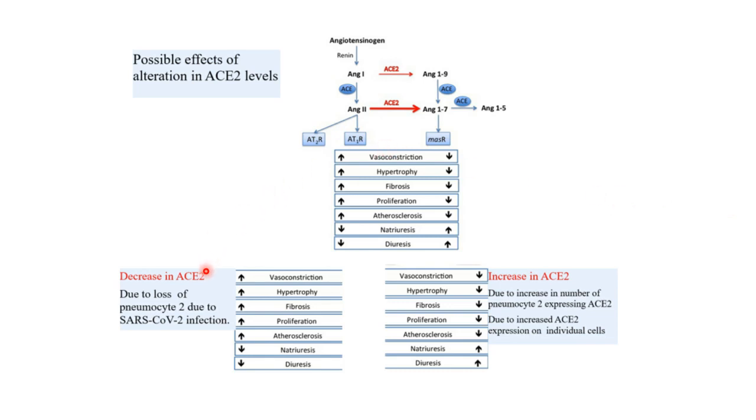So if there is a decrease in ACE2, this pathway is blocked, so you get a buildup of angiotensin 2, and that will lead to increase in vasoconstriction, increase in hypertrophy, increase in fibrosis, increase in proliferation, increase in atherosclerosis, decrease in natriuresis, and decrease in diuresis.